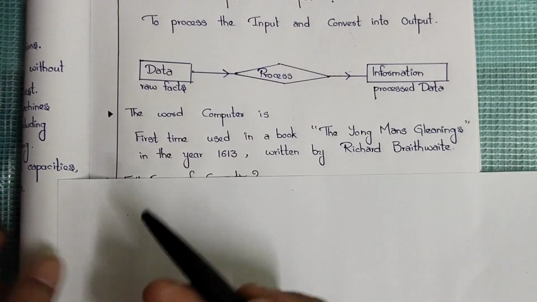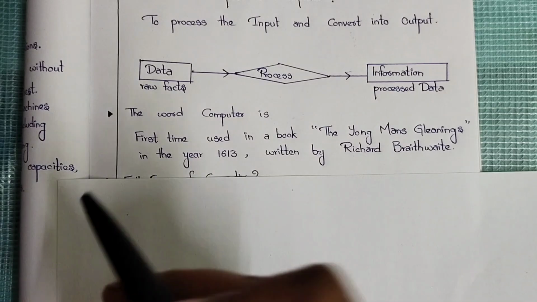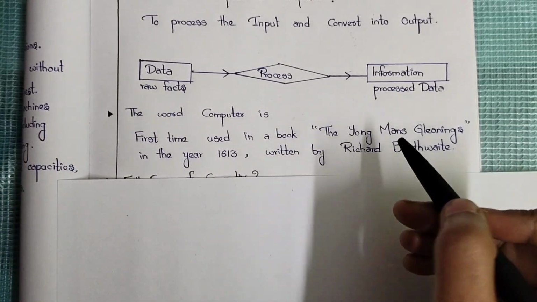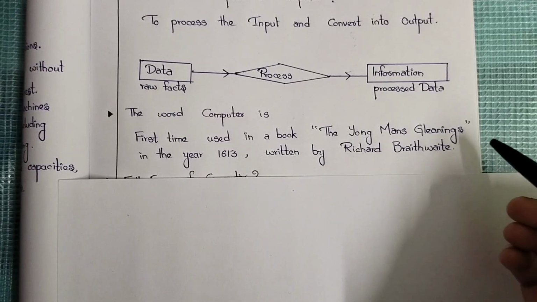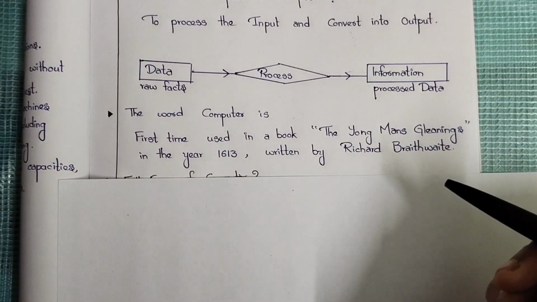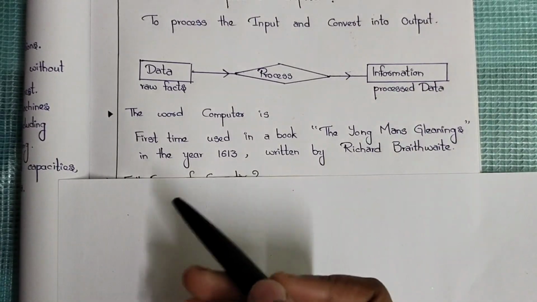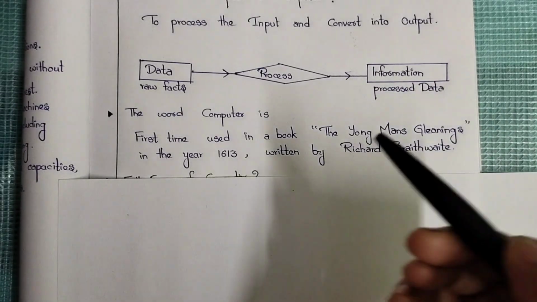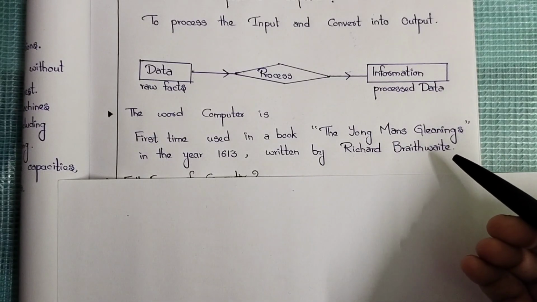Okay, the word computer was first used in a book, and the book's name is The Young Man's Gleanings. I hope I'm pronouncing it right, but the pronunciation doesn't matter, just make sure you remember the name. It was written in the year 1613 by Richard Brightweight.